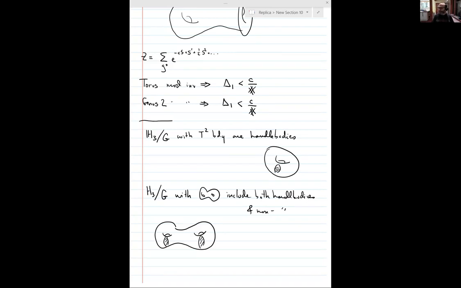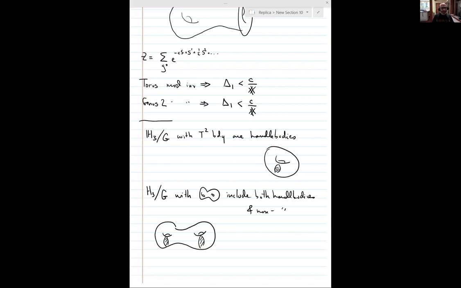And in fact, there's very strong evidence numerically that you never beat c over 9 point something using modular bootstrap. But as you know, and as Shiraz was saying, torus modular invariance is just one constraint on the theory, and I think we're just about at the level where we're exhausting what we can get out of torus modular invariance.